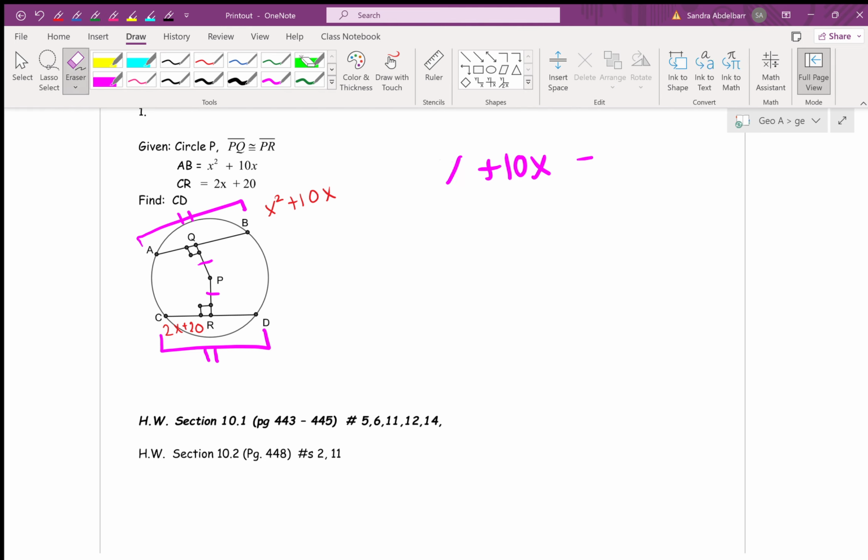So now we have to remember one of the theorems from 10.1. It said if a segment from the center is perpendicular, doesn't it bisect the chord? So if CR is 2x plus 20, then RD is also 2x plus 20.